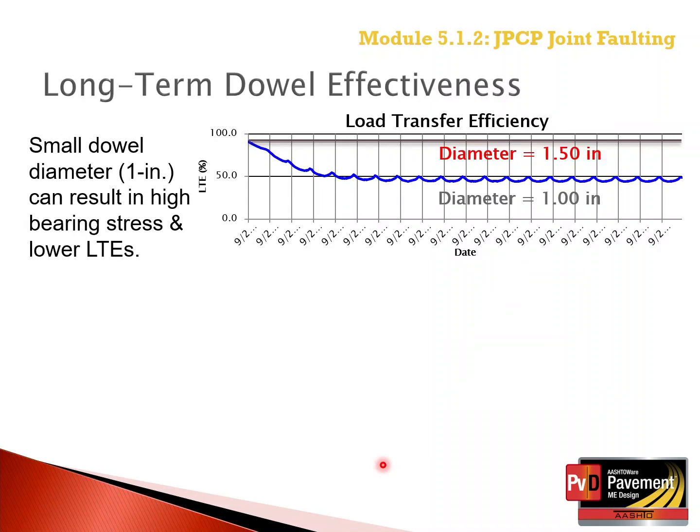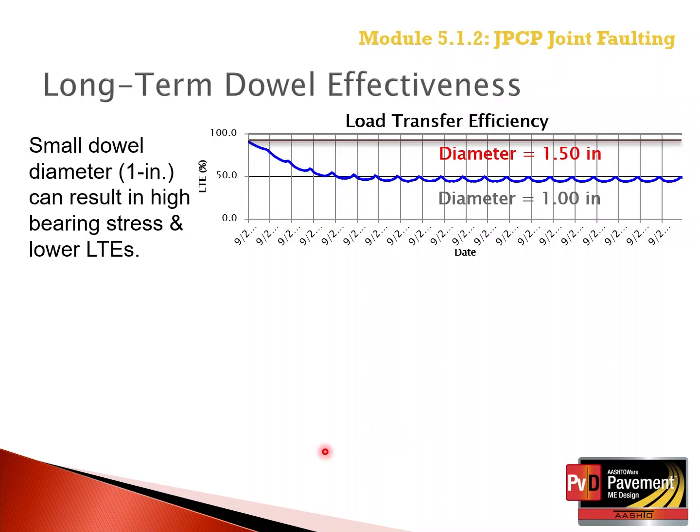This slide includes graphs relating the effectiveness of the dowel to retain a high load transfer efficiency throughout the design period, and basically compares a slab with an appropriately sized dowel versus another slab with an inappropriately sized dowel for the slab thickness and traffic.